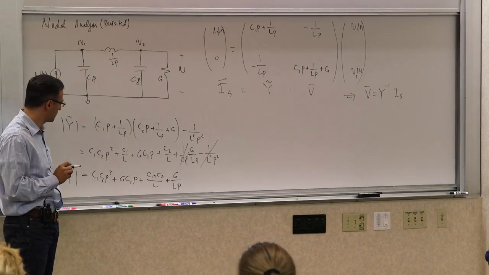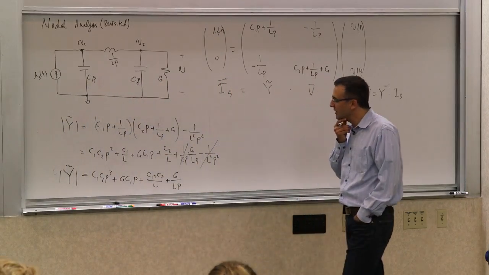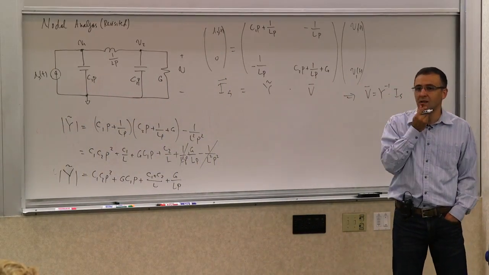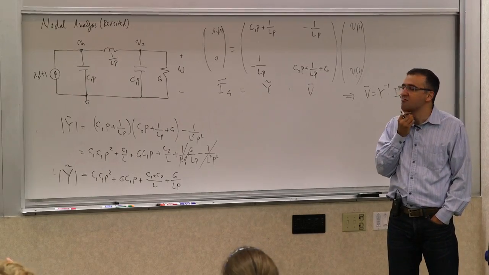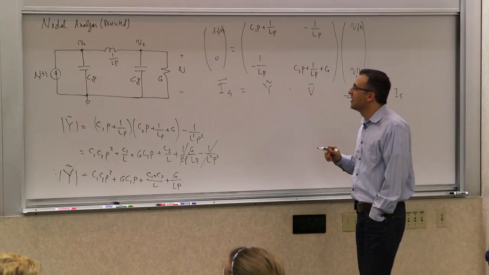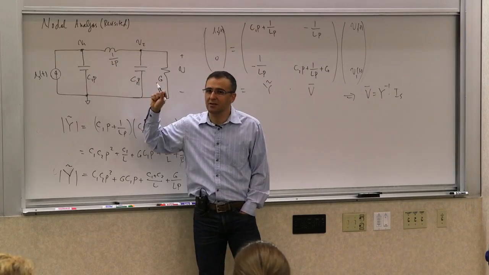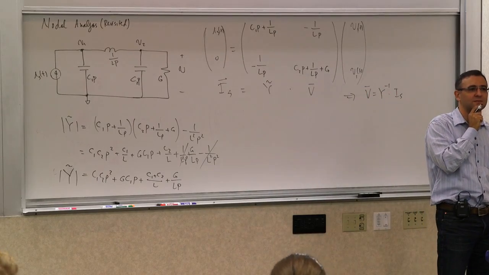Okay? Good. So first of all, what is the order of this determinant? Okay, before you answer that, let's talk about the circuit. Looking at the circuit based on the criterion that we developed, what is the order of the circuit?